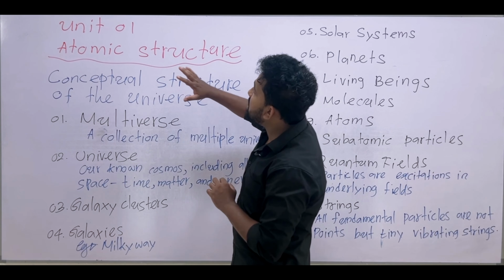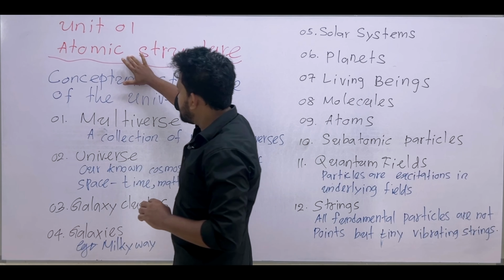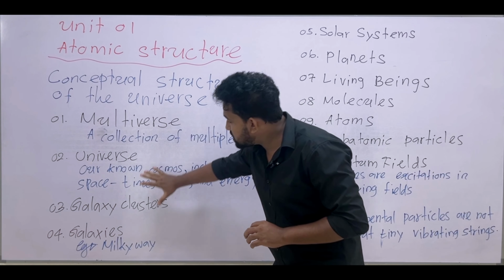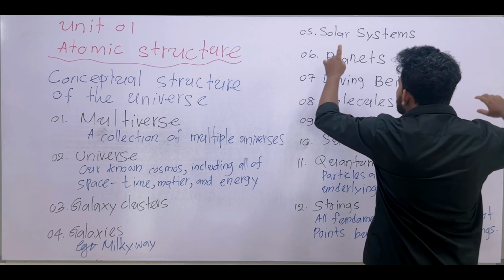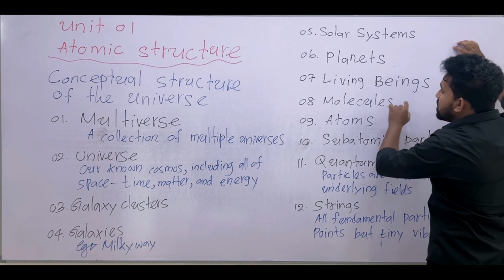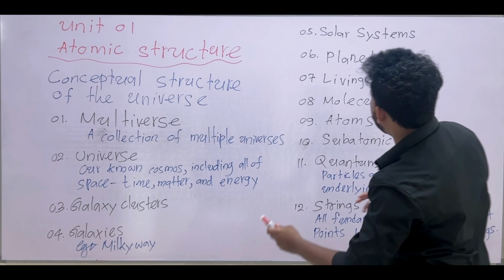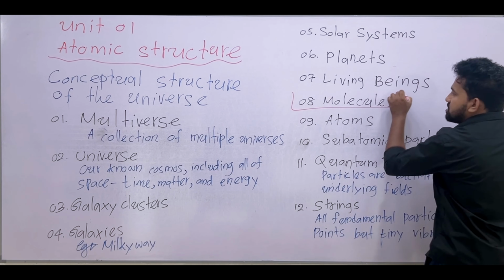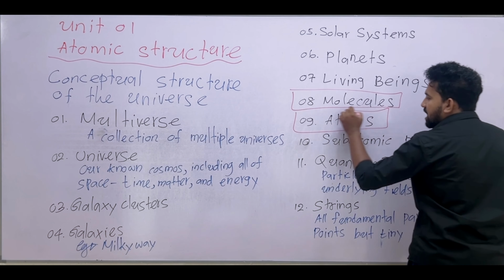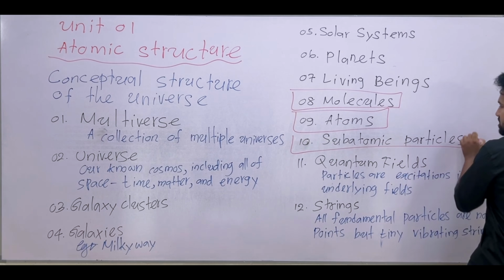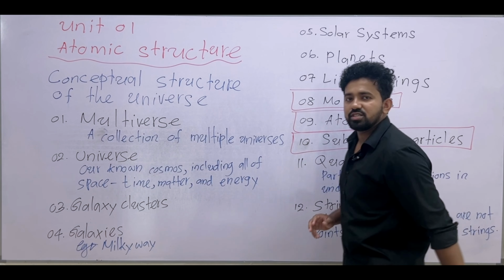So when we learn atomic structure, we do not learn about these big things. We go to the smaller things, not the living beings, right? We go to the place where there are molecules, atoms, and subatomic particles.